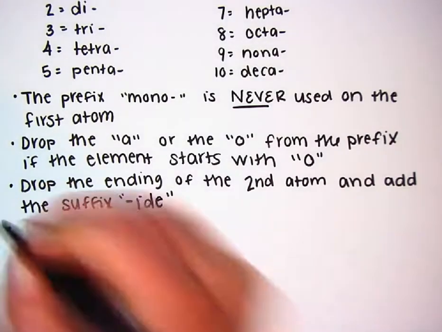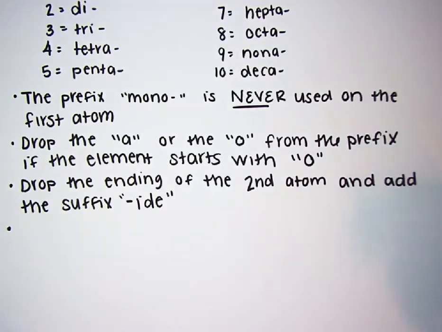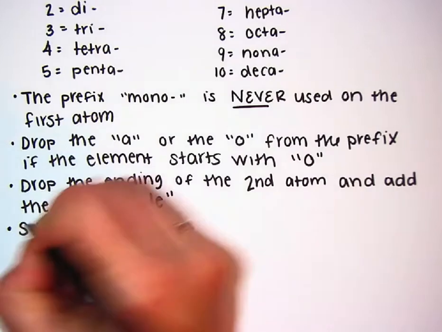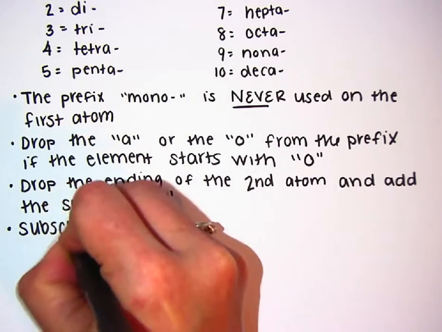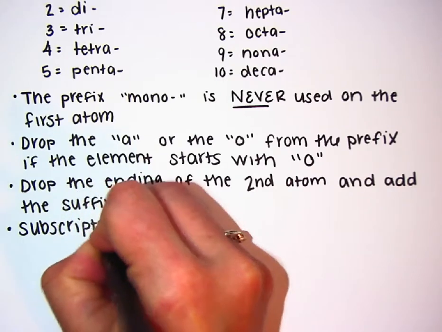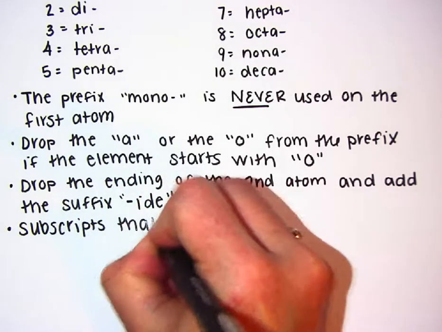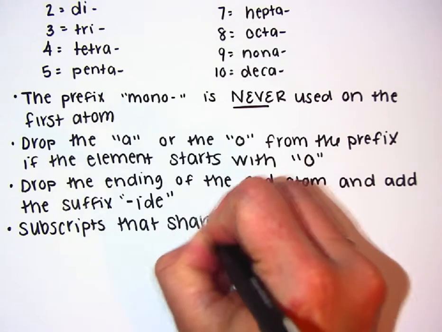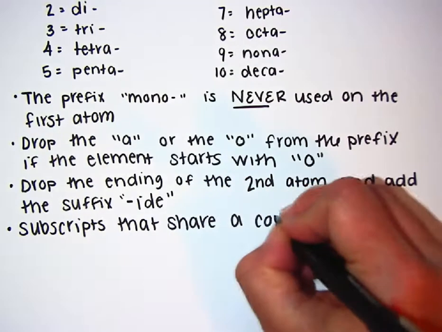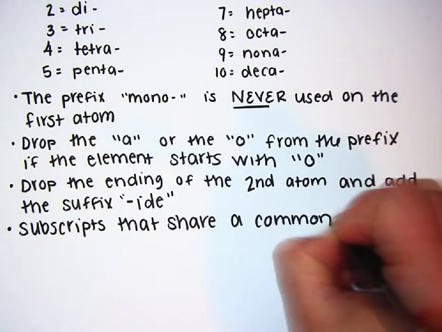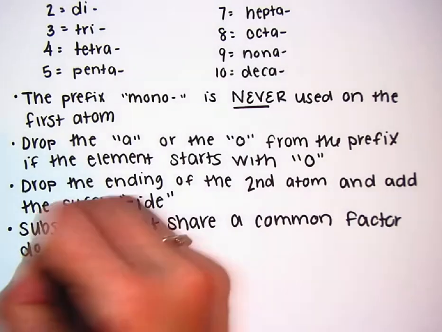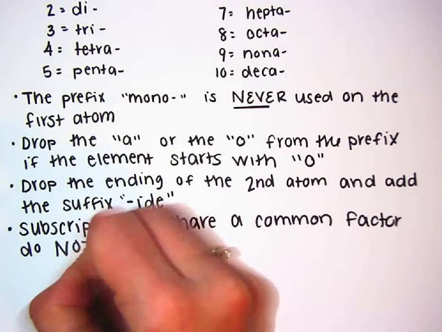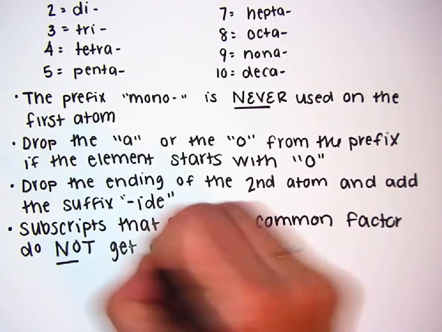Lastly, in ionic compounds, we always wanted the lowest number subscripts. We were able to reduce when possible. We never reduce for covalent. Subscripts that share a common factor do not get reduced.